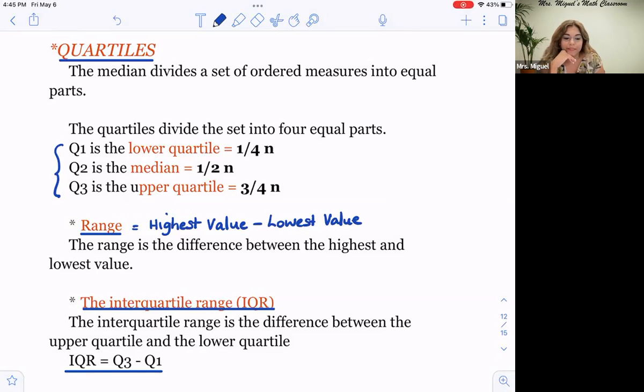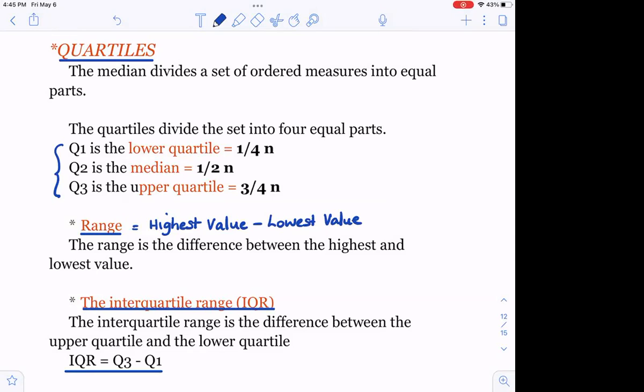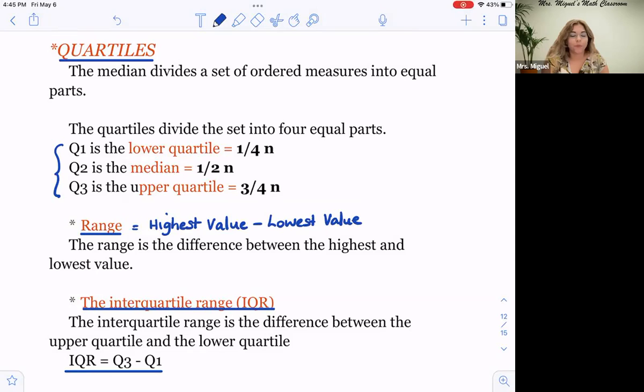All right, are we finished writing? Yes, Miss. All right. So we have a couple of new terms: quartiles, lower quartile, median, upper quartile, range, interquartile range. Especially in the statistics question, which is question 5 of Paper 2, we are required to know about these terms, right?